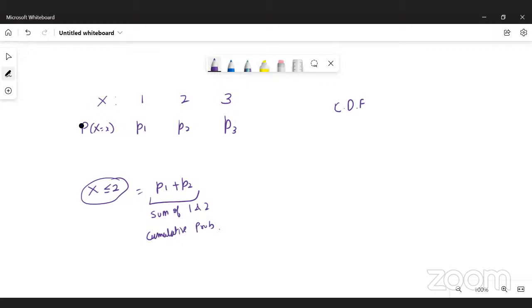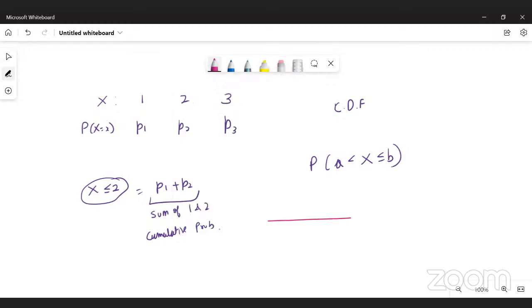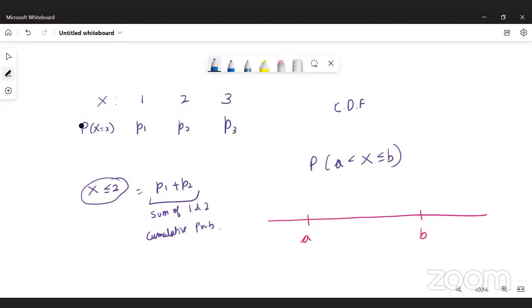Generally, suppose you need to find the probability that a random variable lies in between the values a and b. Suppose these are the possible values, this is your value a, this is your value b. First we find what's the probability that I get a value less than or equal to b.